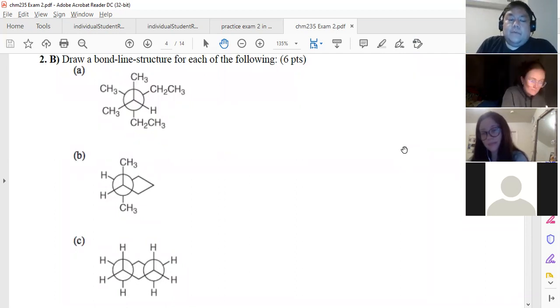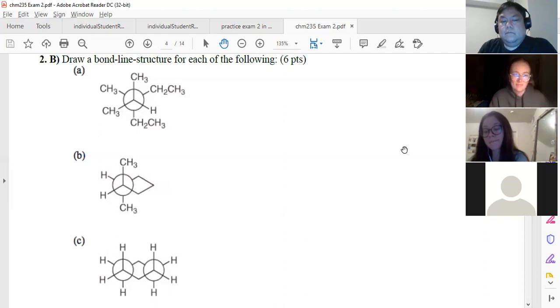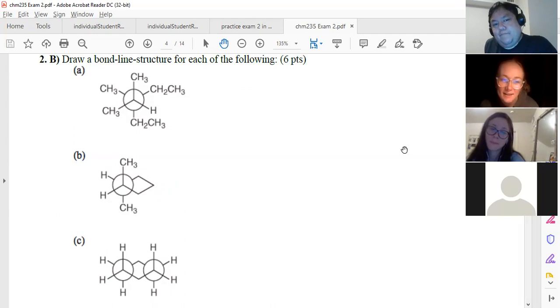So now, what type of structure is B? A ring? Are you sure about that? No. Are the carbons connected in a loop? Sure. Start on one carbon and see if you can end up back at the same carbon. Okay. Morgan, Mags, what do you think? I don't think so.